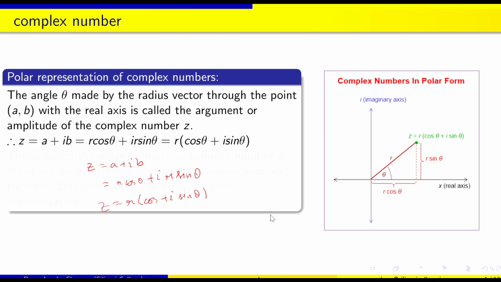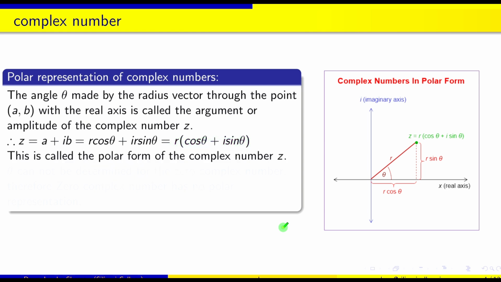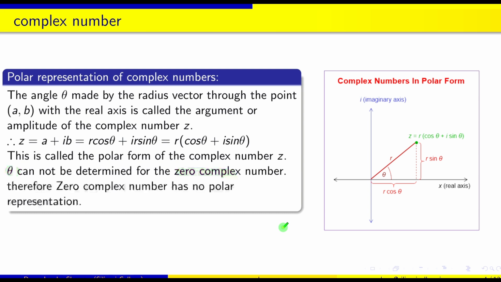This representation of the complex number z is called the polar representation, polar form or normal form of the complex number. This theta cannot be determined for the zero complex number. Therefore, the zero complex number has no polar representation.